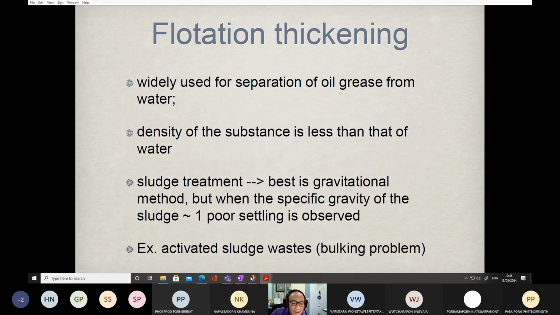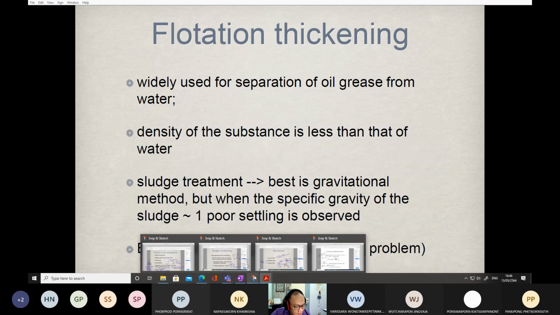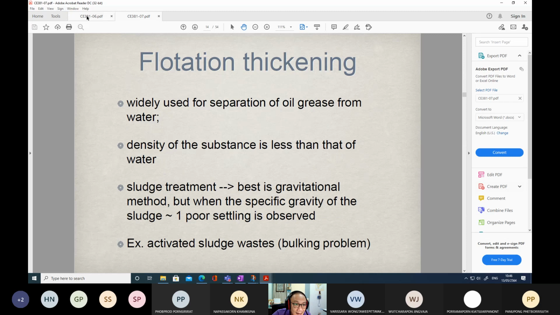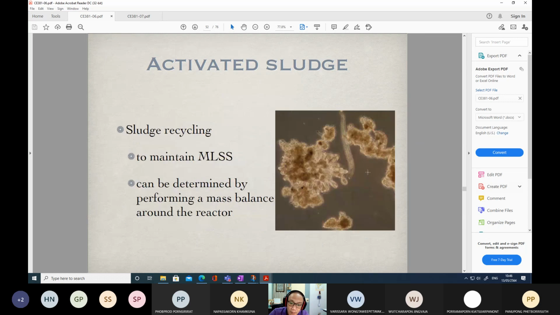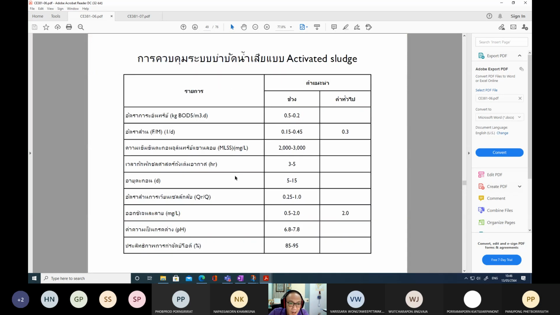Normally, in the waste activated sludge, we are not supposed to find any filamentous bacteria if we maintain the environmental conditions in the activated sludge according to the recommended values.